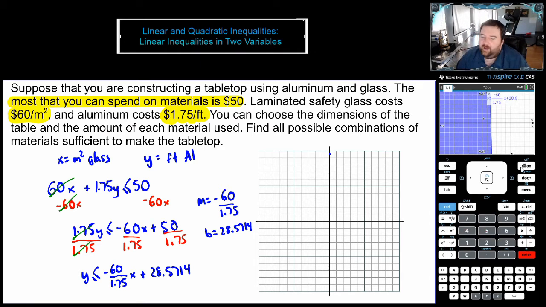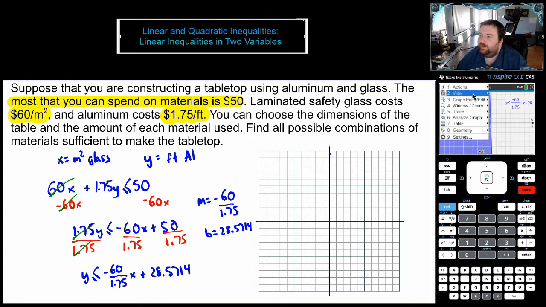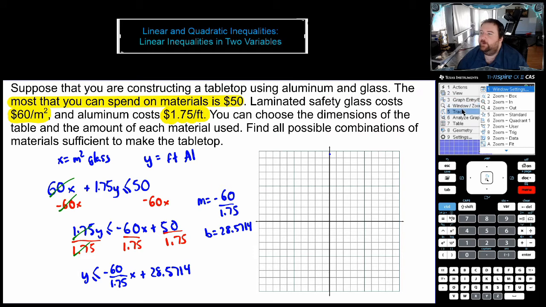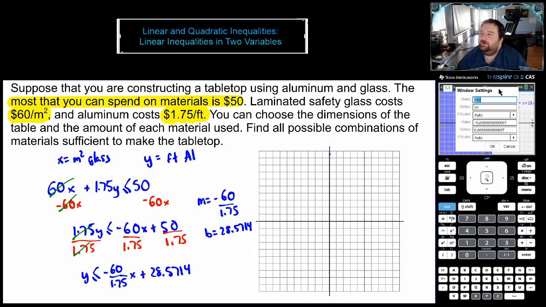Now, I'm going to show you a little trick. Obviously, does this look very good right now? No, it's kind of hard to figure out what's going on. So I'm going to hit menu, go to window, 4, and then window settings.